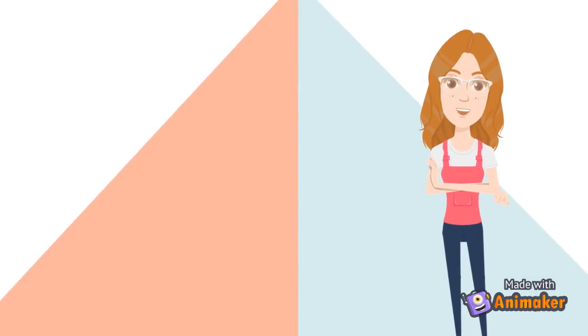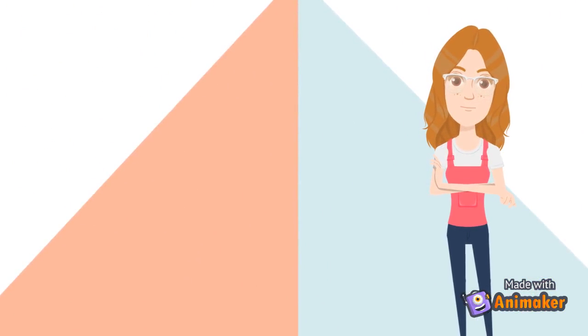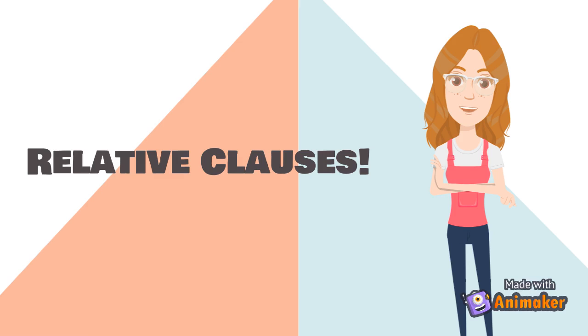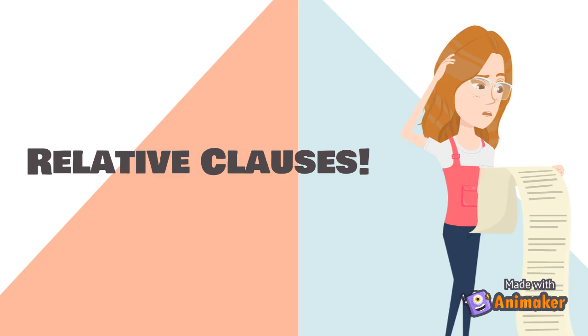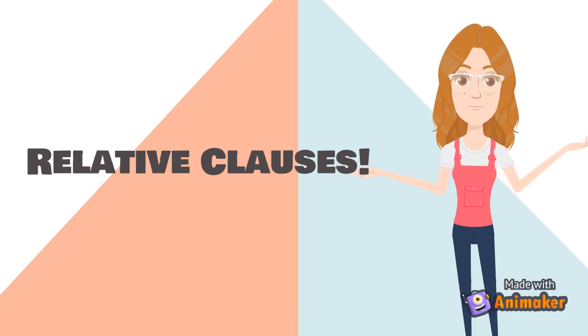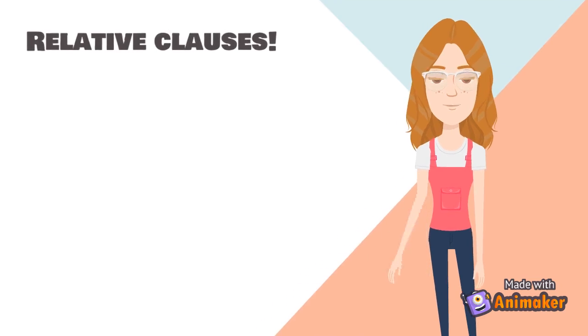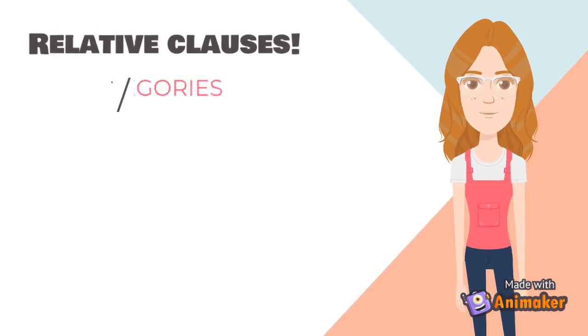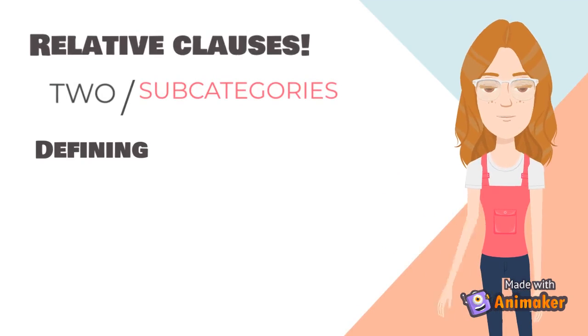I hope everything is clear with noun clauses because now we are moving to relative clauses, which behave like adjectives, and maybe you can confuse these two types of clauses, but here I am to explain something specifically for you to differentiate one from the other. Here we have two subcategories, defining and non-defining.